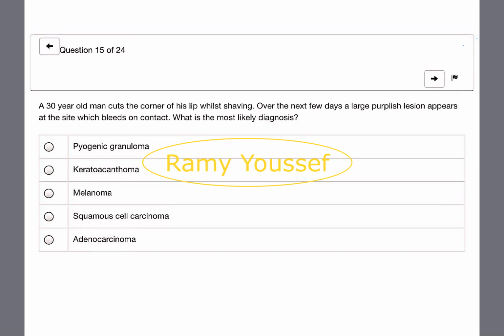This is a new question and you don't know the answer. Someone shaving makes a wound and he didn't suture it. After a few days, trauma, and then some bleeding tissue or bleeding purplish lesion. Is it adenocarcinoma? No, I was just thinking that the lower lip is always squamous cell carcinoma, so that's why.